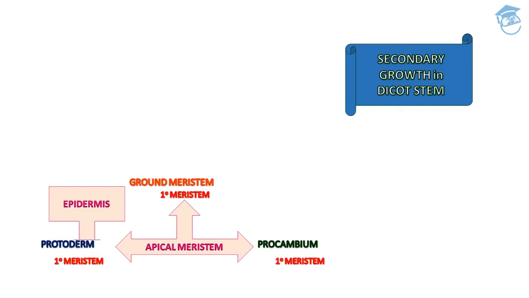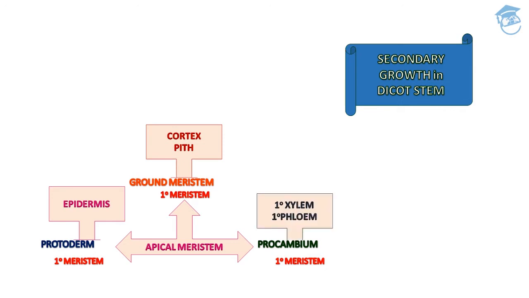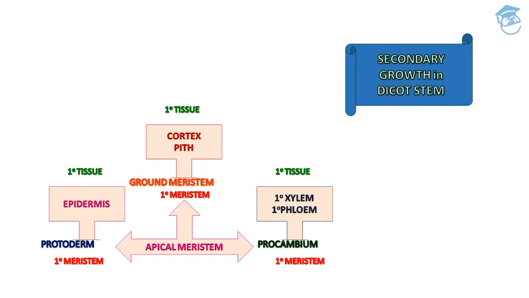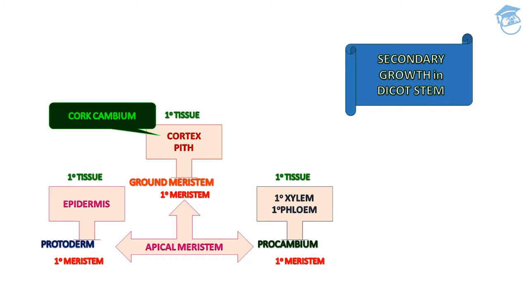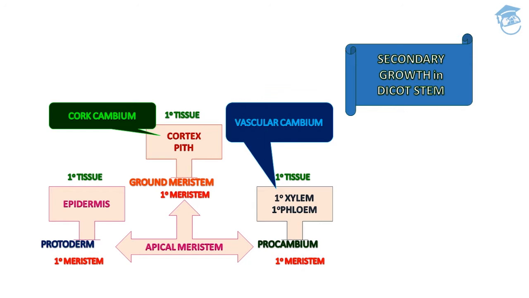Protoderm gives rise to epidermis. Ground meristem gives rise to cortex and pith. And procambium gives rise to primary xylem and primary phloem. So these are primary tissues as well. Cortex and pith form cork cambium, and primary xylem and primary phloem form vascular cambium.